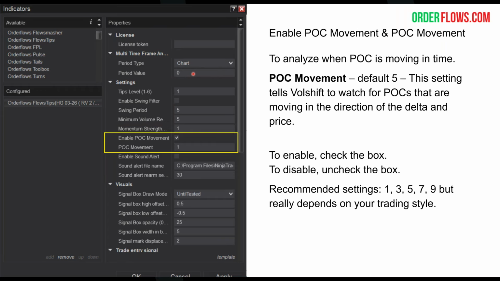Now, POC movement. This is a new setting on a lot of our indicators, but what it does is it looks for the POC moving between bars, okay? And it's important because basically what you have is volume shifting up or down.